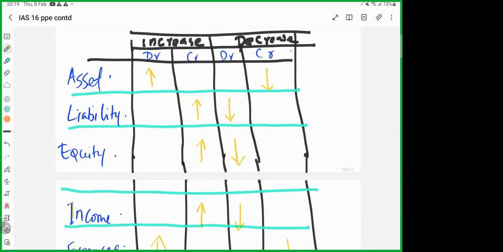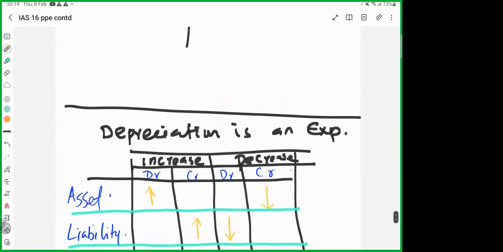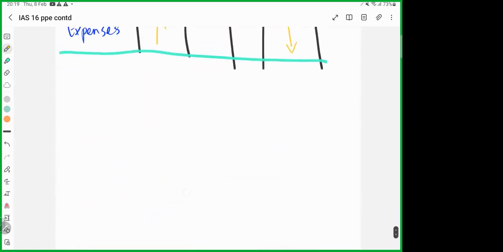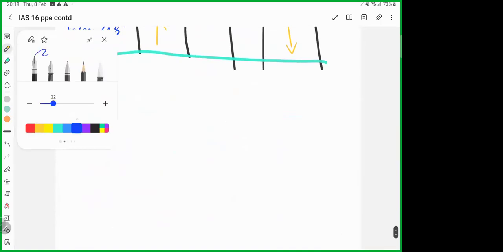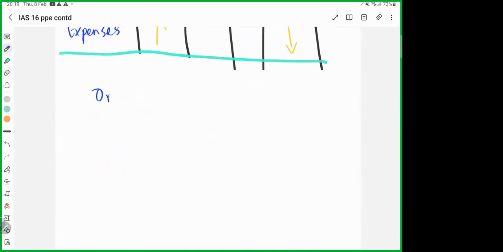Now I told you depreciation is an expense. So if depreciation is an expense, debit depreciation expense account. I should debit the depreciation expense account, correct?